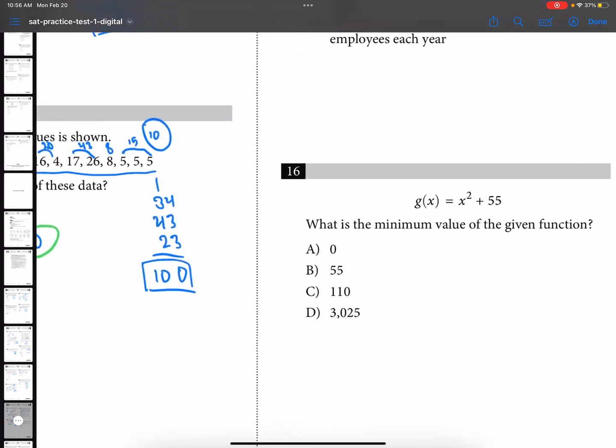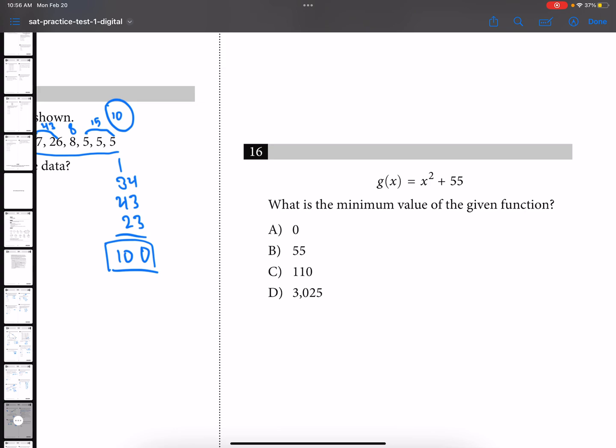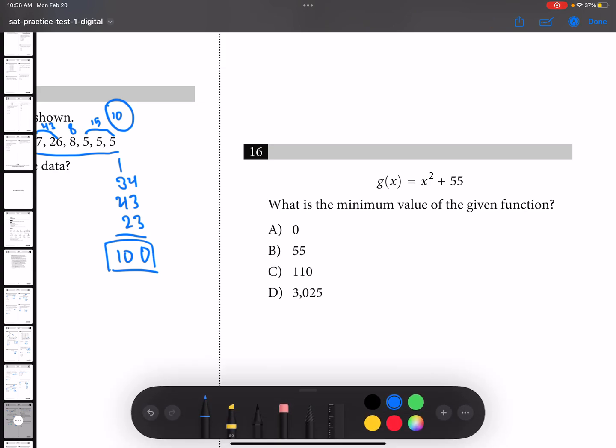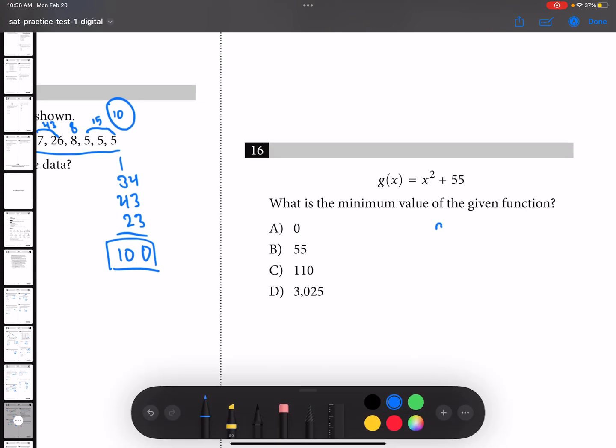So 16, what is the minimum value of the given function? For this, we're going to be using the formula g of x is equal to a times (x minus h) squared plus k. In this case, a is equal to 1, so g of x is equal to 1 times.